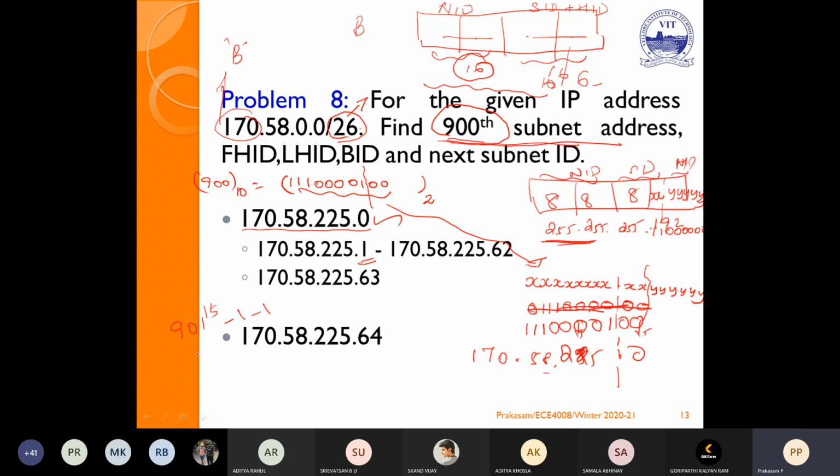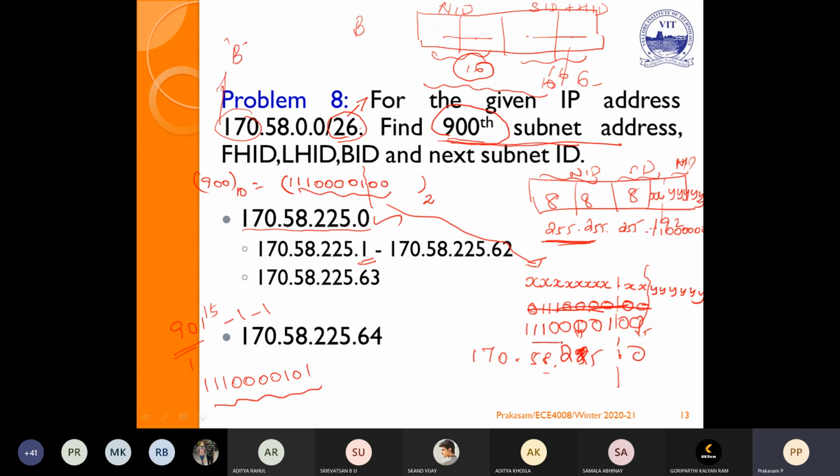So we are going to find the subnet ID for 901. The same procedure: convert it into the respective binary. So 111 40 then 101 is the equivalent for 901.